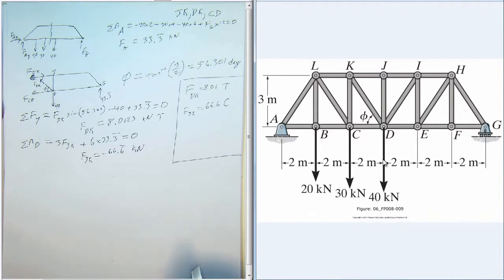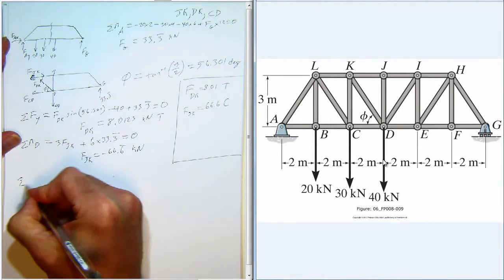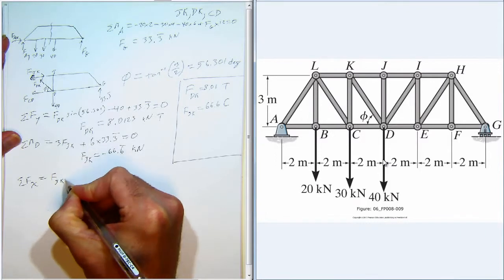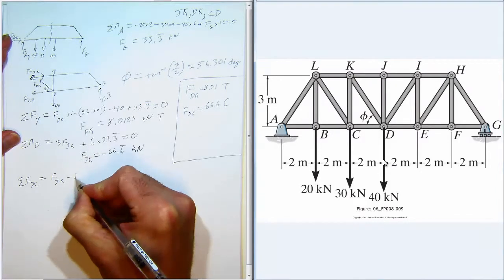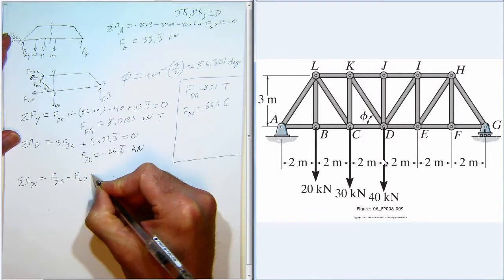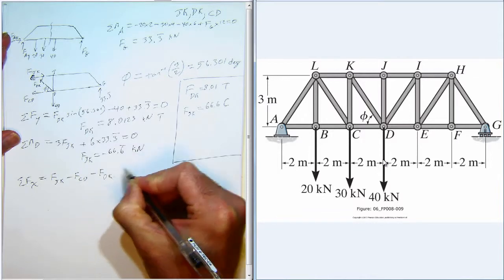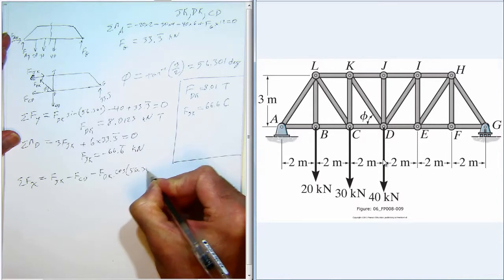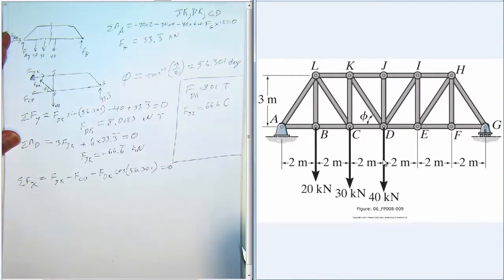Okay, so now we'll do the force balance in the x direction, and we have FJK, negative FCD, negative FDK cosine of phi, and all those add up to 0.